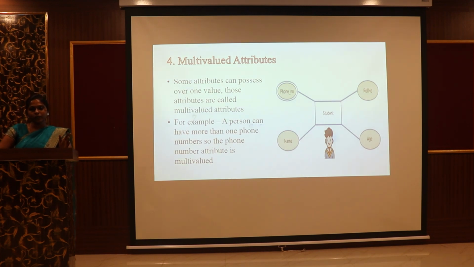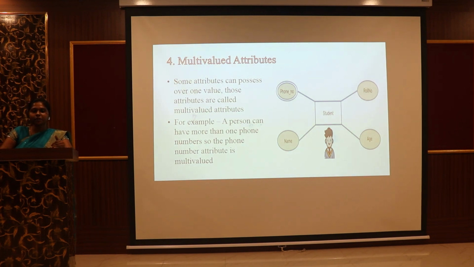Some attributes can't possess just one value. They have a lot of values. For example, some attributes can possess more than one value, and those attributes are called multi-value attributes. For example, a student's phone number. We can't say that he has only one phone number. He might have a lot of phone numbers, right?